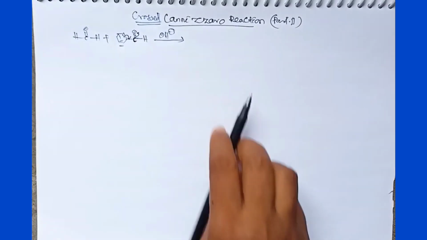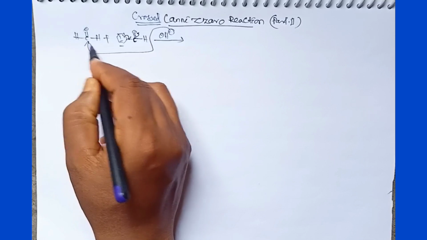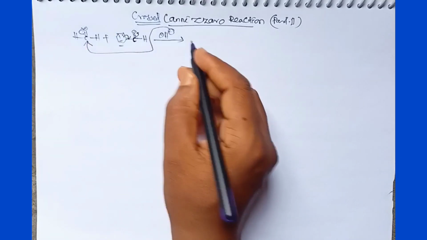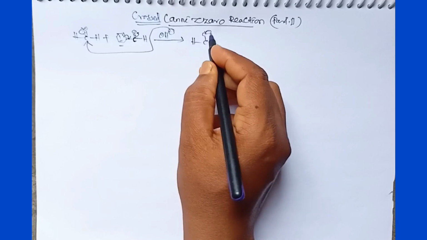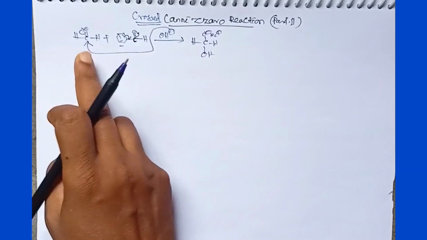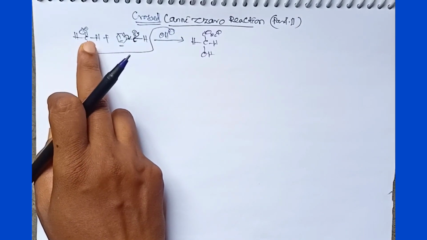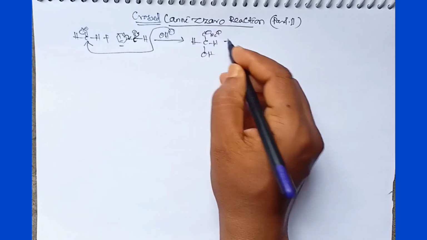The conclusion is that this OH minus will attack here. So what will be formed? HCO minus Na plus, that means it will form the salt of carboxylic acid, and the other is reduced.